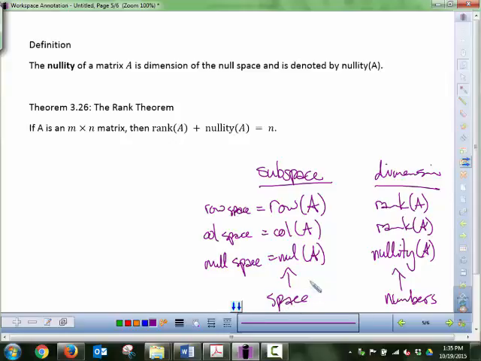A subspace of a vector space is in itself a vector space, so by definition, it is a vector space. But the point is that they want to distinguish when you're describing a space versus when you're looking at a number that describes the dimension of a space.